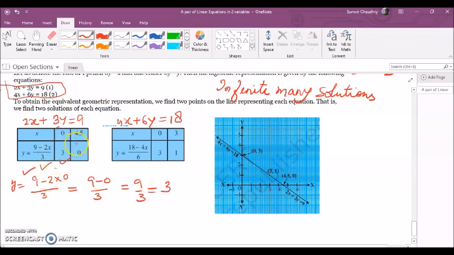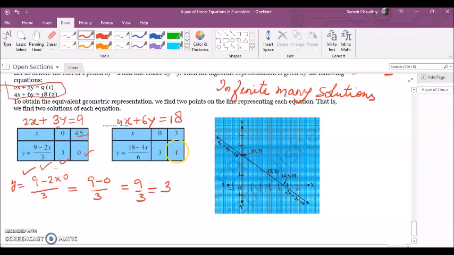Got it? Similarly, if you put x is equal to 4.5 here, 4.5 into 2 is 9, 9 minus 9 is 0, 0 upon 3, you will get 0.